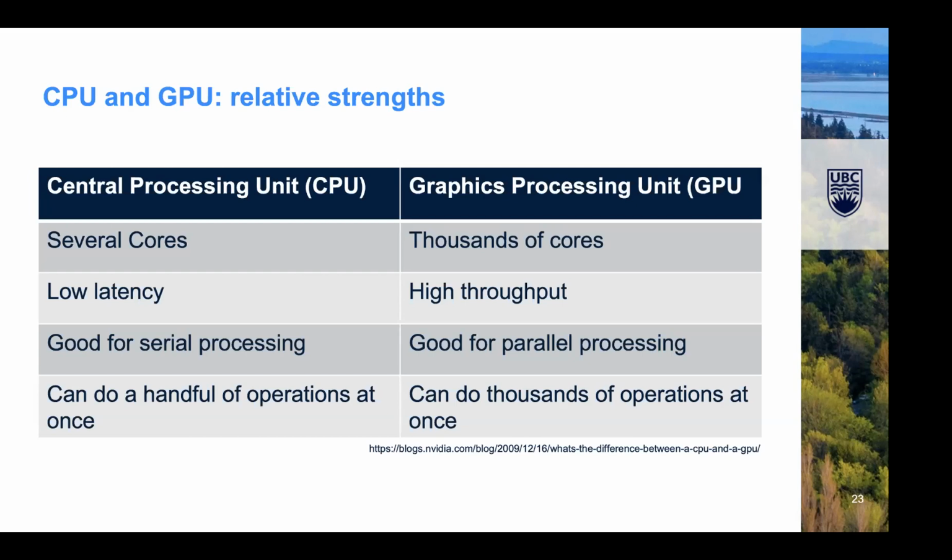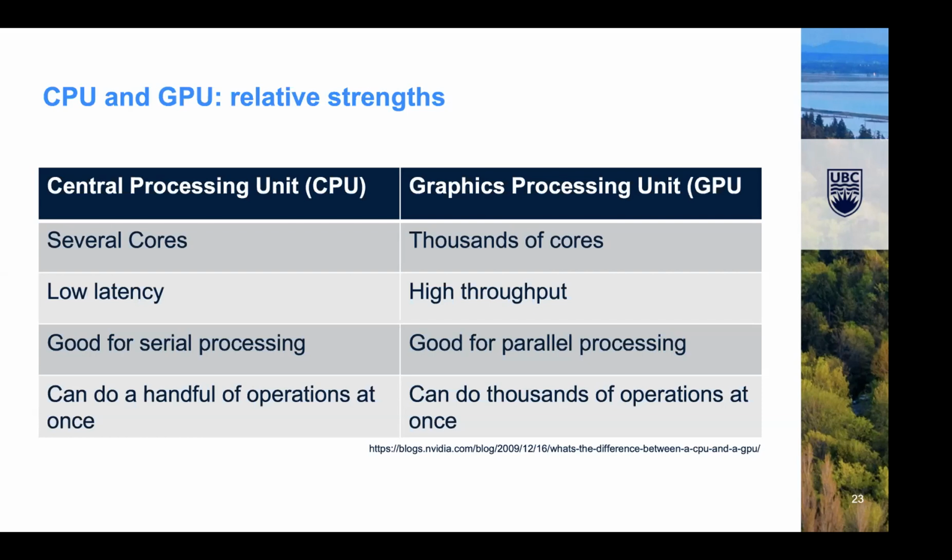They do have more cache memory than GPUs, which I touched on briefly. So they're good at handling a larger set of linear instructions. They have a lower latency and are good for serial processing. So very sequential, stepwise jobs or following instructions.